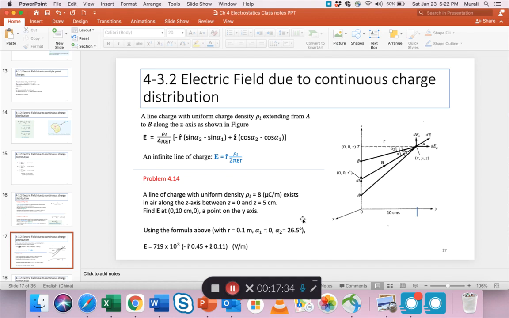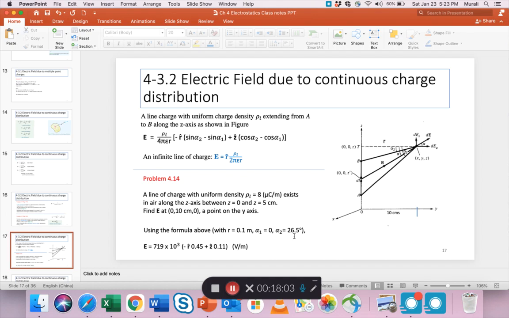Alpha 1 is 0, because alpha 1 is the angle where the line A meets the point. Alpha 2 becomes 26.5 degrees, the angle from the top to here. This is how we should draw this figure.